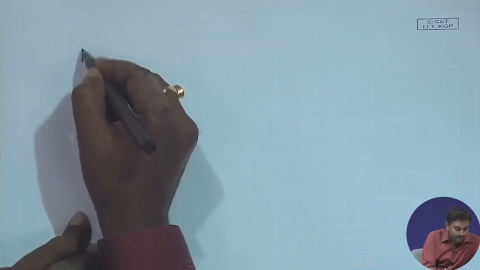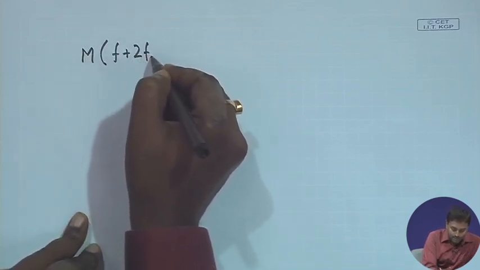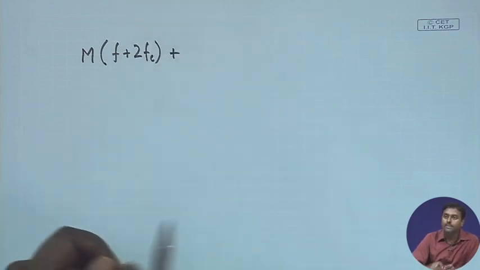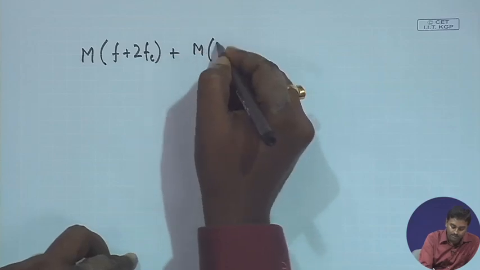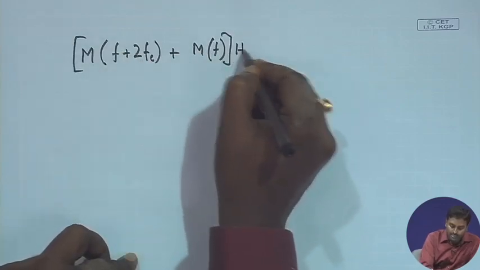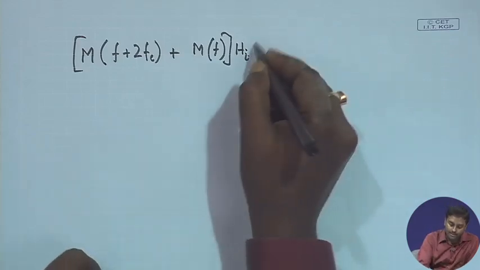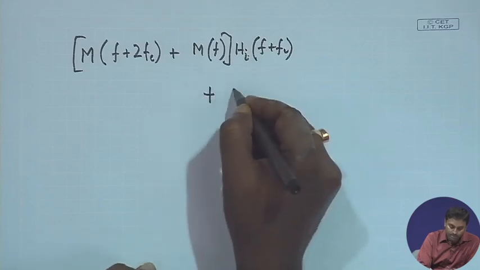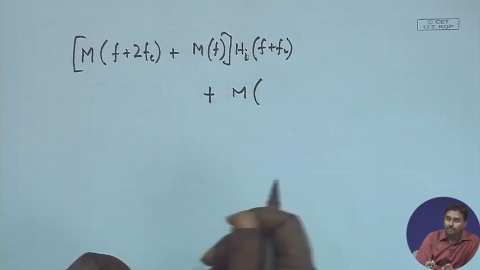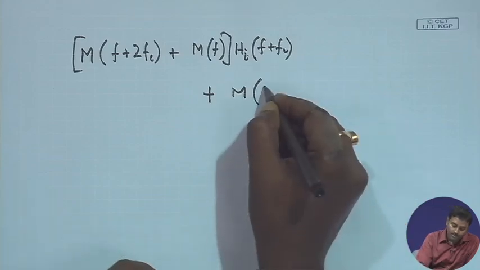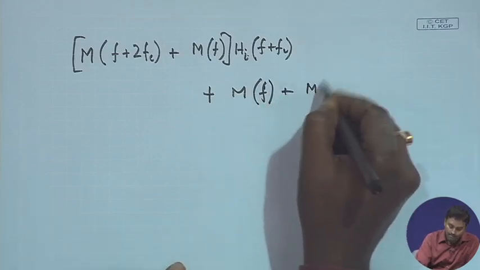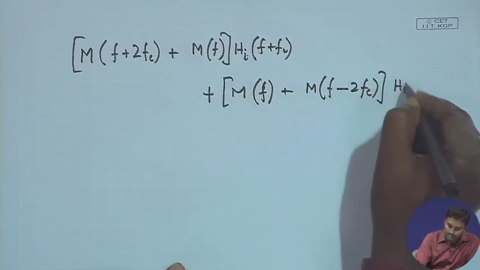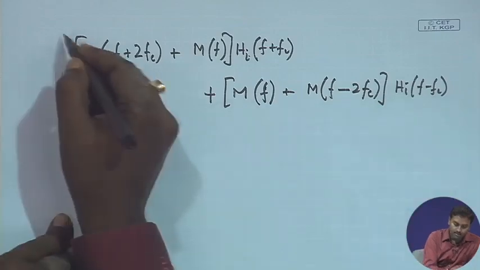That should create M(f plus 2Fc) if I am considering f plus Fc, times HI(f plus Fc), and then the next term, M(f minus Fc plus Fc), which is M(f), and the other term M(f plus Fc minus Fc), which is M(f), plus M(f minus 2Fc), times HI(f minus Fc).